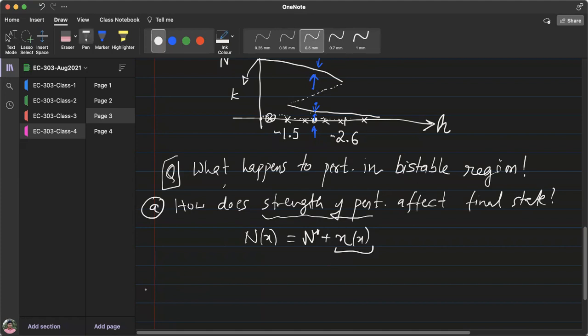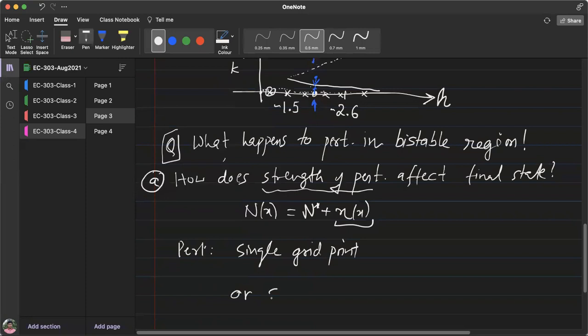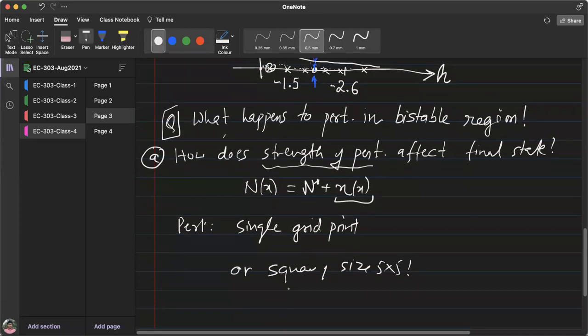Your perturbation can be a single pixel, a single grid point, or a square, maybe 5 by 5 or 10 by 10, whatever. And then the value of n at those grid points.